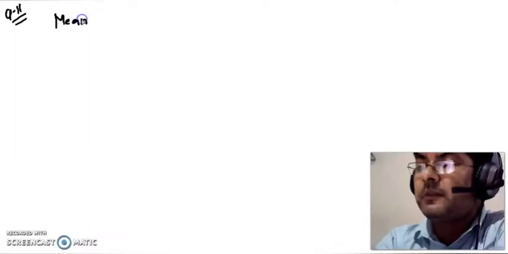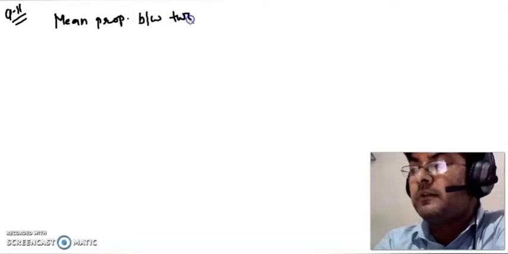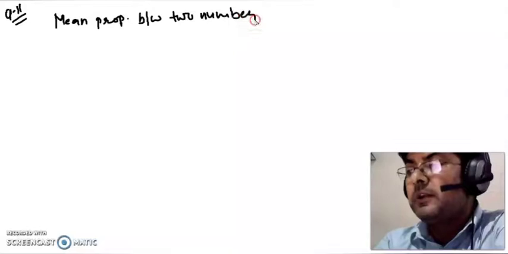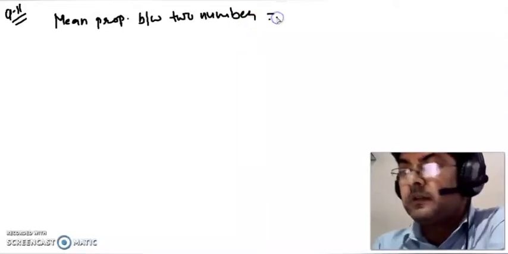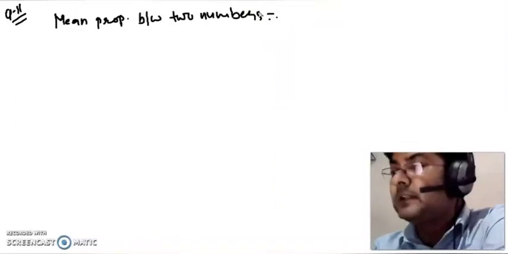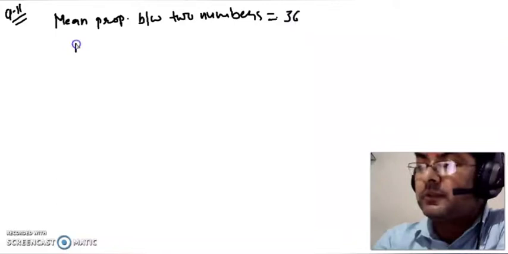We are given the mean proportional between two numbers is 36, and the third proportional is also given.